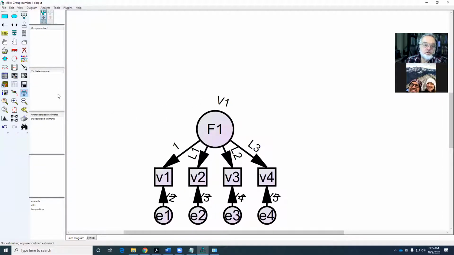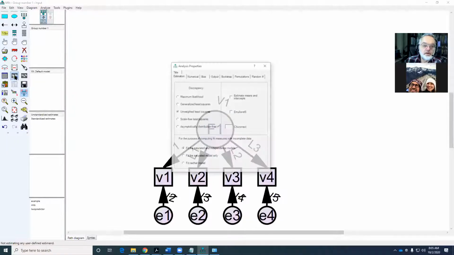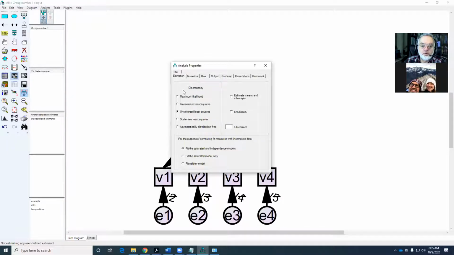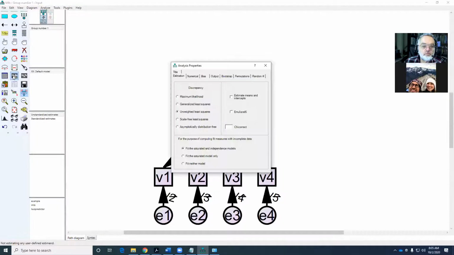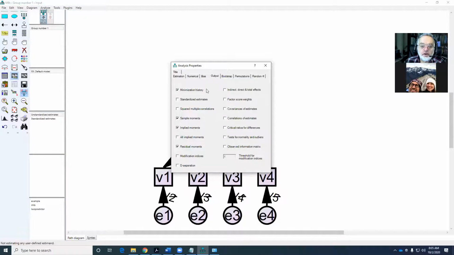And my point was, inside of AMOS, I can come now into the analysis properties and look at the estimation. And I can say, give me an unweighted least squares solution. And I can hit the run button. And by the way, let's go into the output. And I want to take a look at the implied moments and the residual moments and the sample moments.